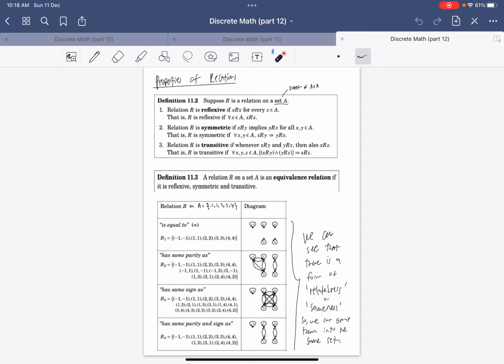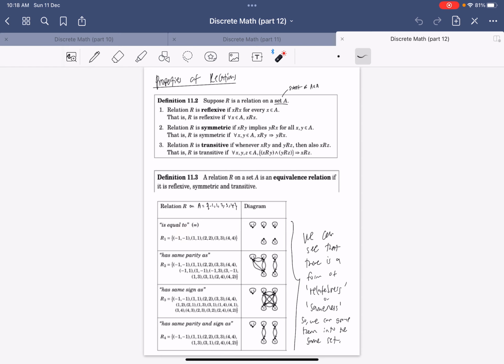Let's take a look at an example to better understand what an equivalence relation is. For example, we define a relation on the set of -1, 1, 2, 3, and 4. The equality relation is an equivalence relation. Because -1 is related to -1, 1 is related to 1, 2, 2, 3, 3, 4, 4. It's symmetric because you can flip this too.